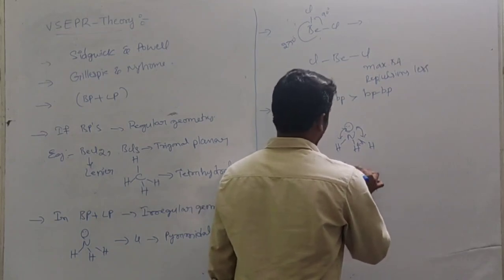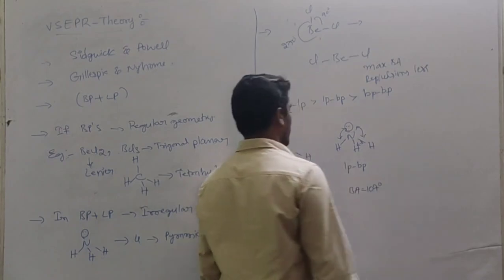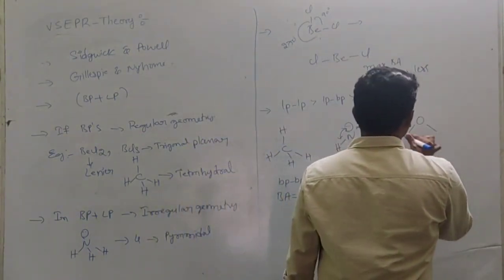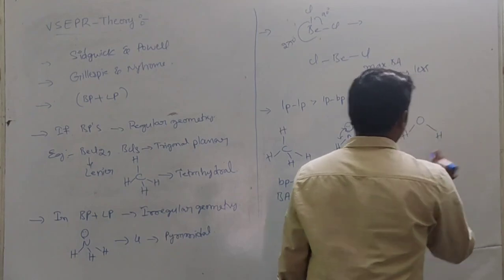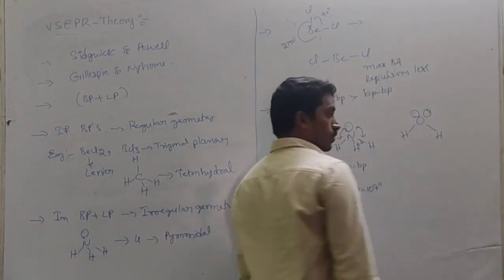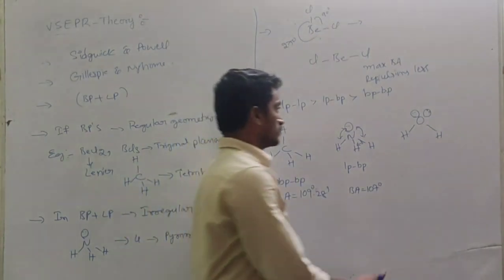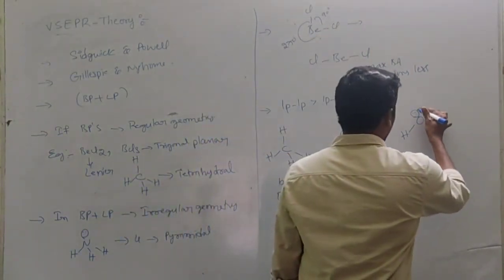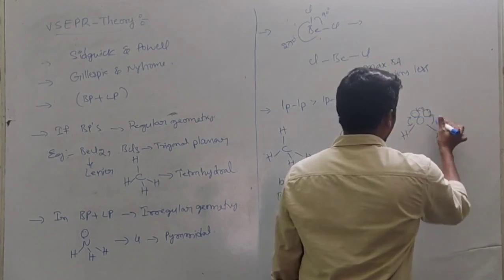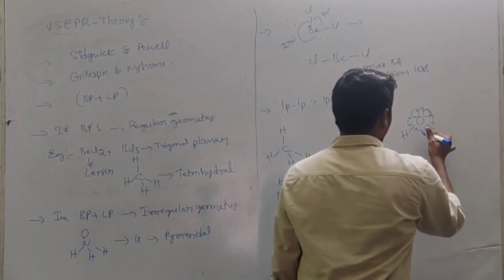Here lone pair bond pair repulsion will be present. In the same way, the water molecule also has 4 pairs of electrons, but 2 are lone pairs and 2 are bond pairs. So here lone pair repulsion, lone pair bond pair repulsion and bond pair repulsions will be present.